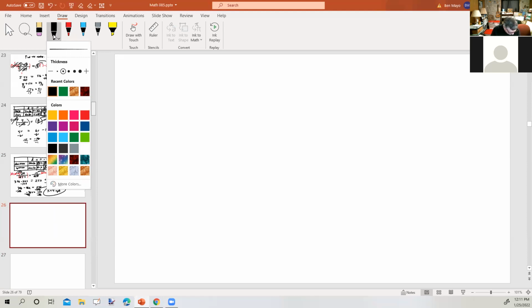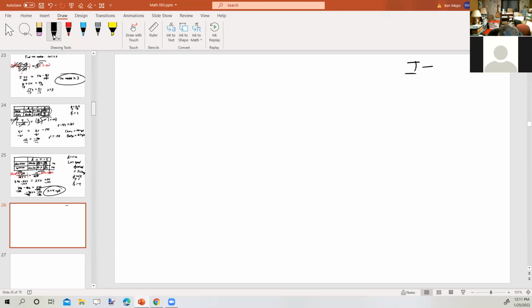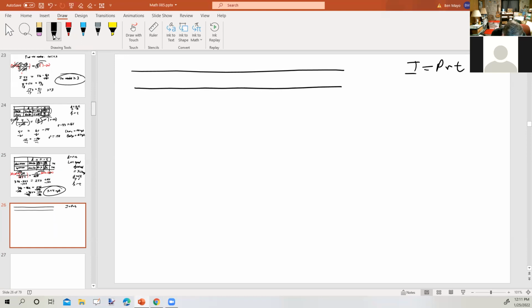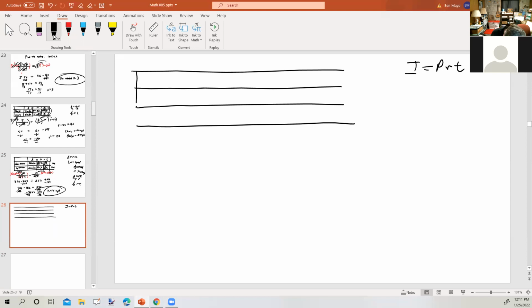So we're talking about principal, rate, time, interest. So this is I equals PRT. Okay, so that's the formula we're going to use. Hopefully I've left enough room there.